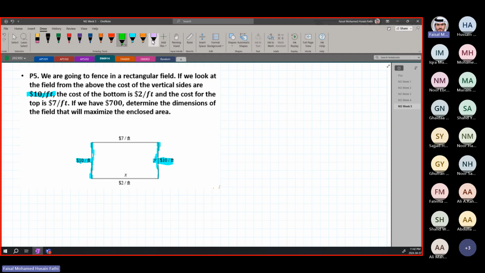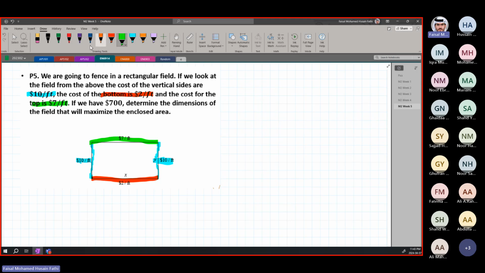And the cost of the bottom is 2 feet، والtop is 7 feet. زين، this is a good question and reality how people should analyze things.